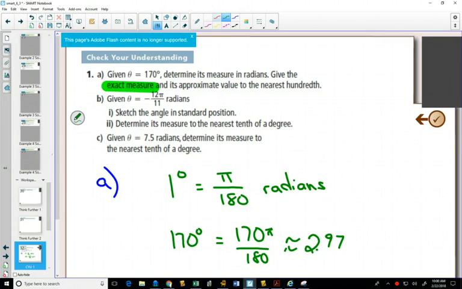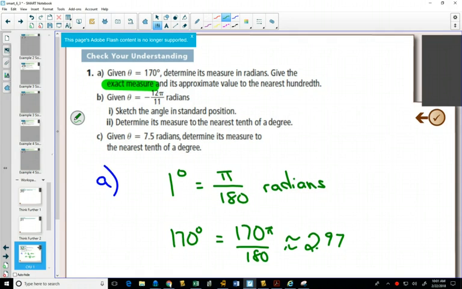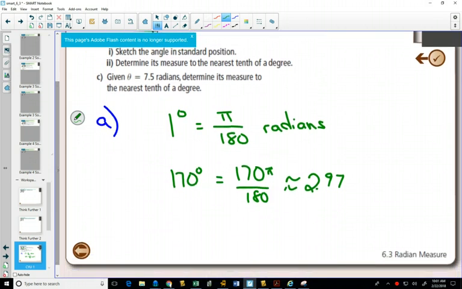Part B, given theta is negative 12 pi over 11, sketch the angle in standard position and determine its measure to the nearest tenth of the degree. So when sketching this angle in standard position, well, we know that it's going to start on the positive x-axis.